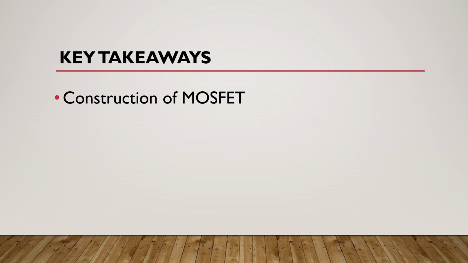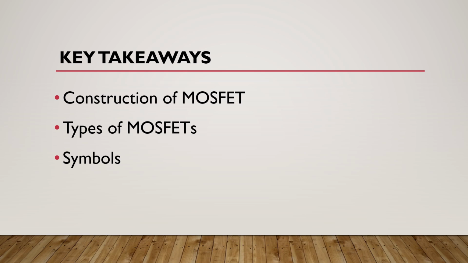That's all for today. Now what are the key takeaways of this lecture? In this lecture, you studied about MOSFETs, which is the second major classification of field effect transistors. You also studied about their construction and you understood how these MOSFETs are different from junction field effect transistors. In this lecture, you also studied about two basic types of MOSFETs.